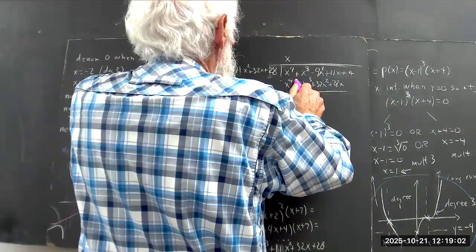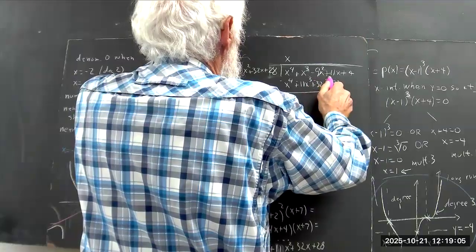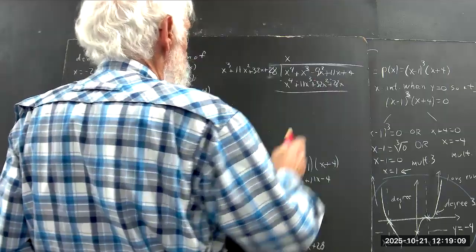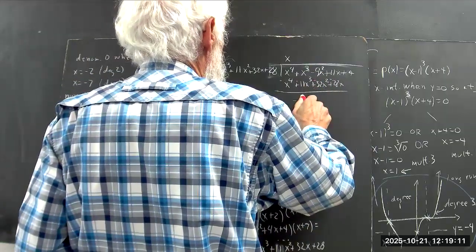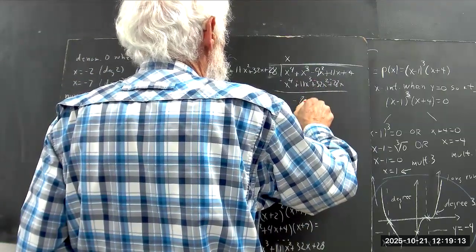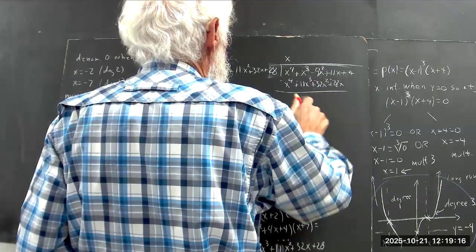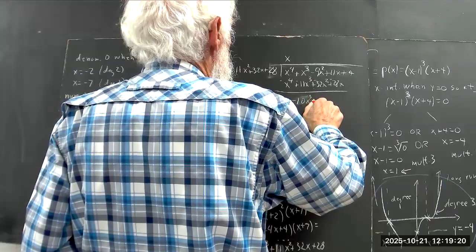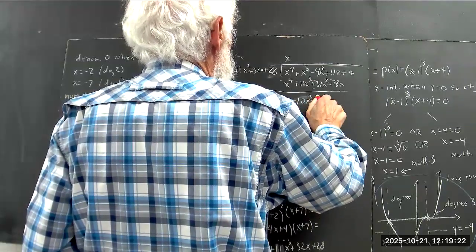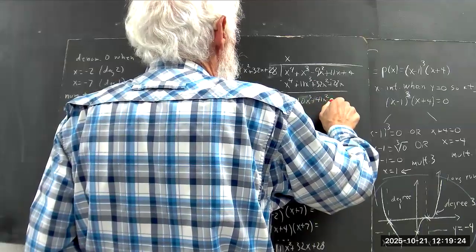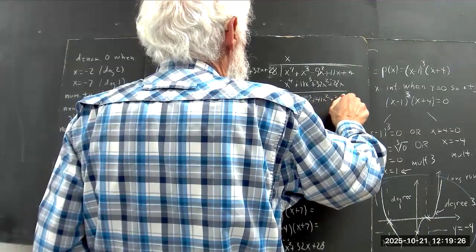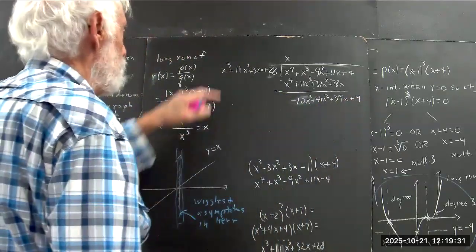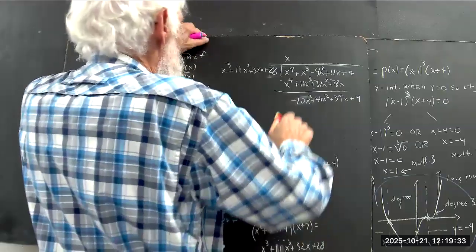So we put little minus signs on all of these. And we get negative 8x cubed. That's not negative 10x cubed, minus 41x squared plus 39x plus 4. And we can divide this into this and we get minus 10.